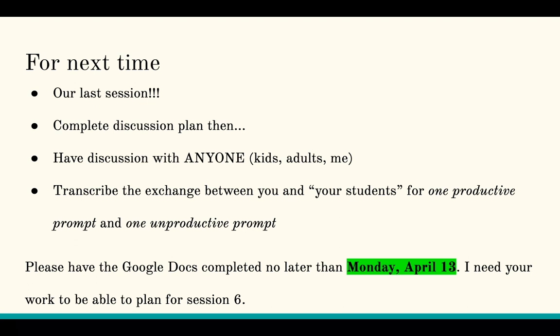Even if you are doing children and the text level is way below the age of your children, it's totally fine. If you need me to have the discussion with, we can meet on Google Meets and we can do it that way.